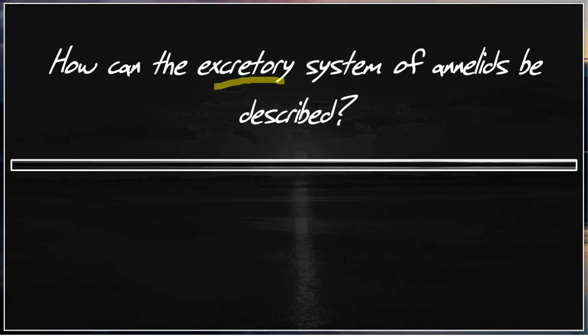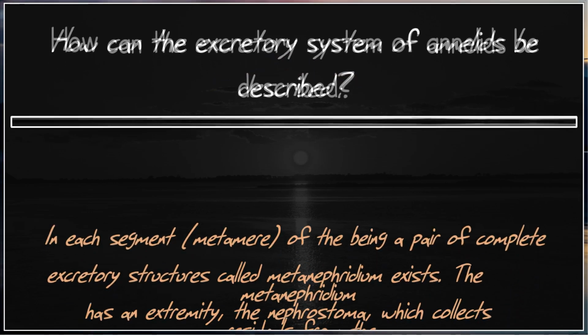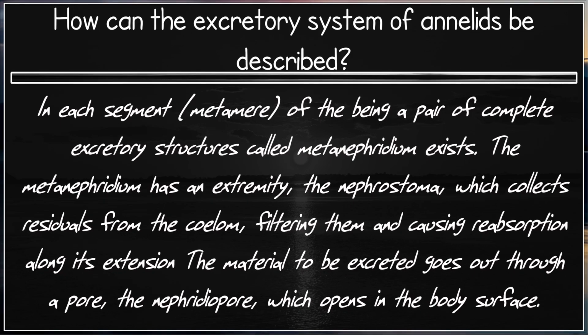How can the excretory system of annelids be described? In each segment, that is the metamere, of the being, a pair of complete excretory structures called metanephridium exists.